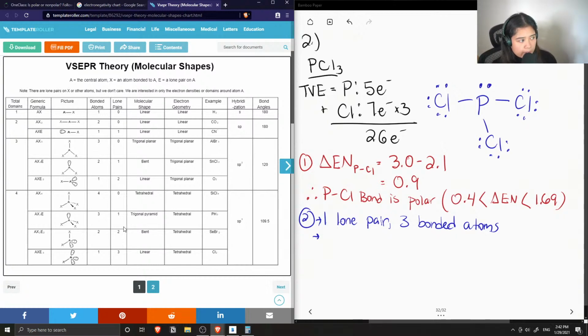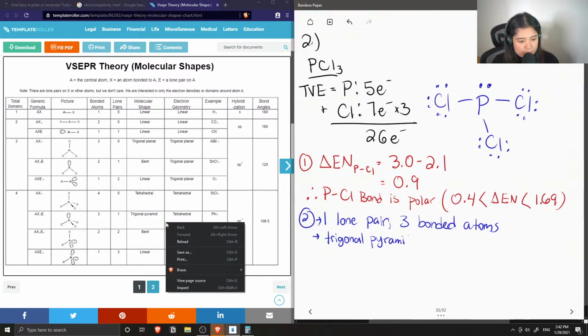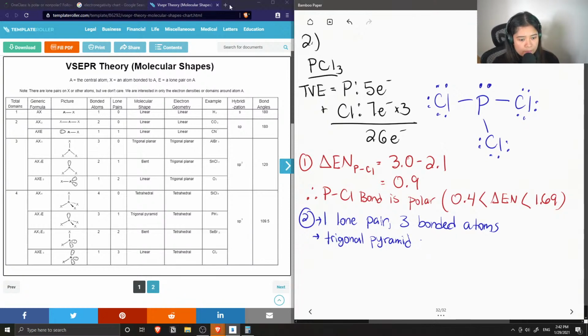So when we have 1 lone pair and 3 bonded atoms, we have a trigonal pyramid molecular shape, and a tetrahedral electron geometry.